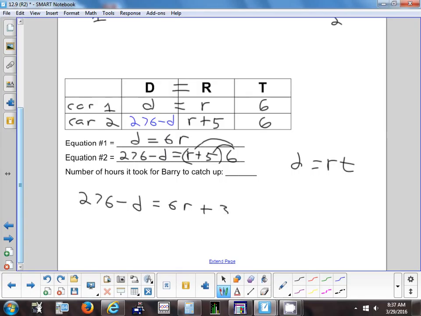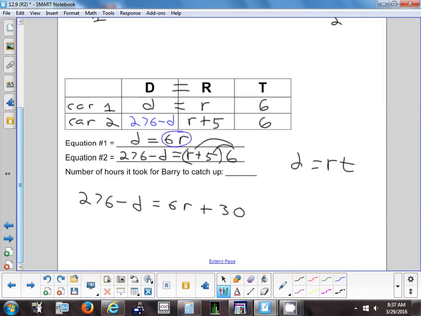Good. And now look at equation 1. What letter is by itself? D. Okay, what does it say D equals? 6R. It says distance equals 6R.